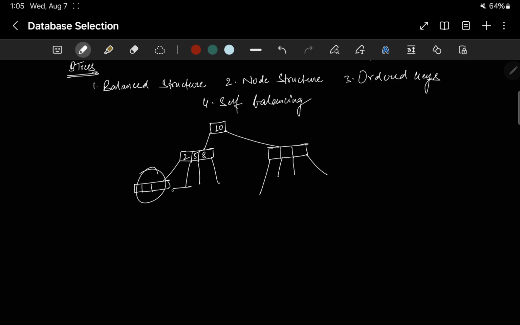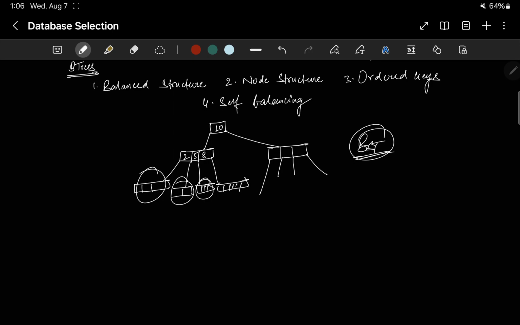Anything which is a child of this 5 should be between 2 and 5. Here again it should be between 5 and 8, and anything here should be more than 8. Okay, so it means it follows what we use in BST, right?